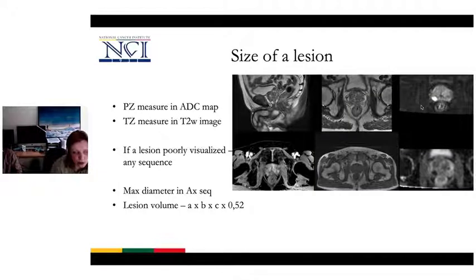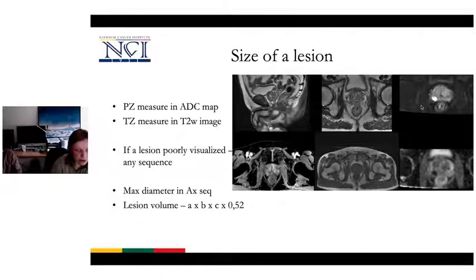How to measure the size of a lesion? There were some discussions in what sequence to measure. It is recommended to measure on the ADC map if a lesion is in the peripheral zone; if it's in the transition zone, to measure on T2 images.